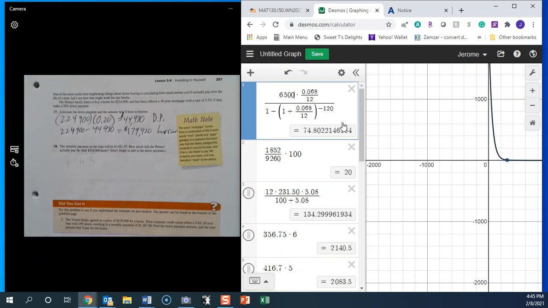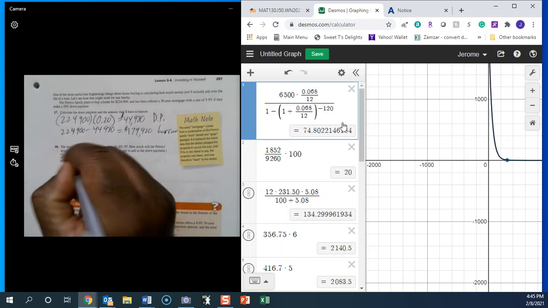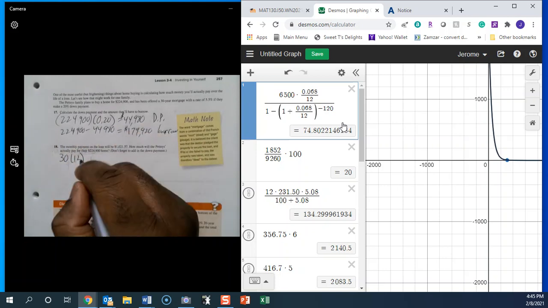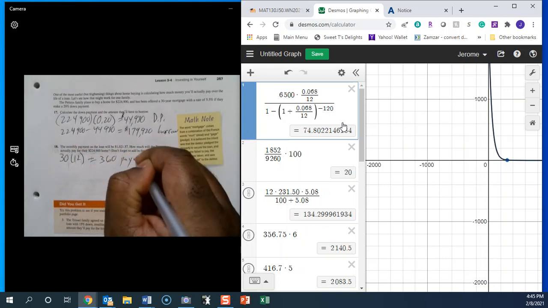Now, 18, the monthly payment on the loan will be $1,021.57. How much will the Pettys actually pay for their $224,900 home? So, you had 30 years and you know it's 12 payments per year. So that's 360 payments they would make.